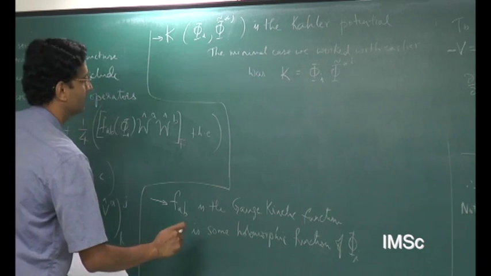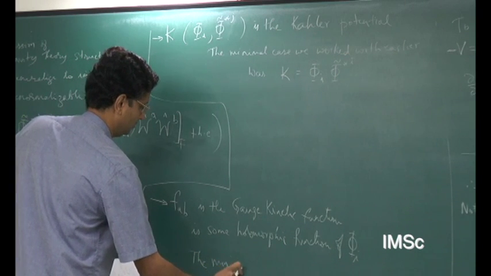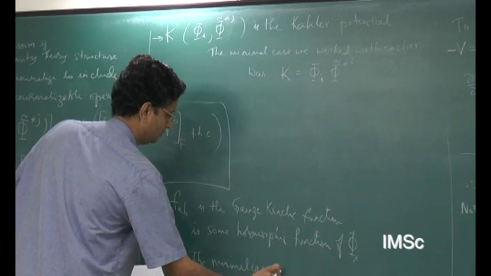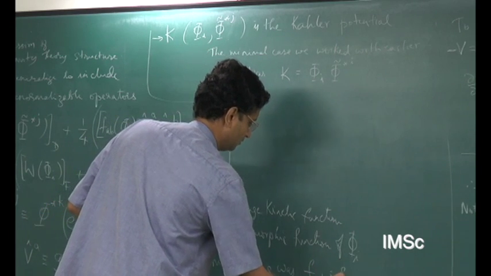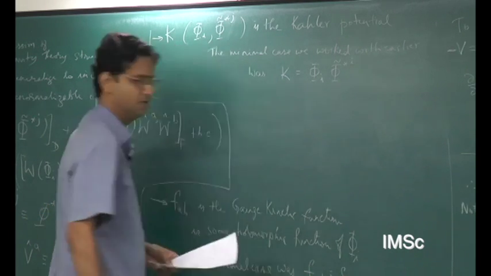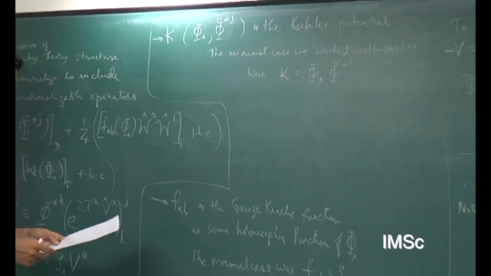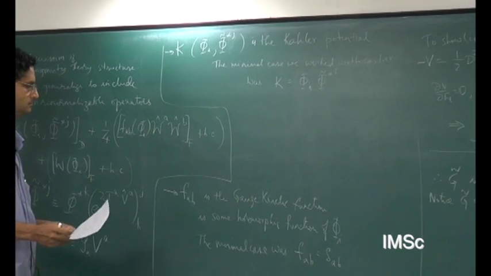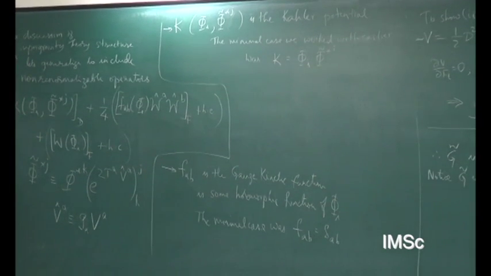and the minimal case was just delta AB. And we'll see again how we extend it beyond this minimal case when we do gravity mediation.